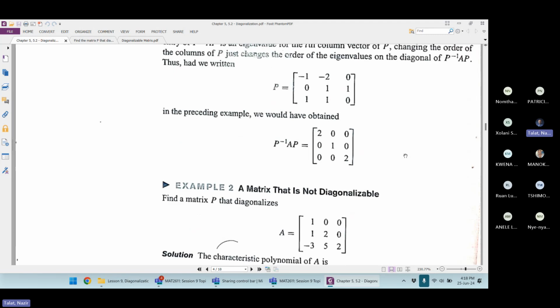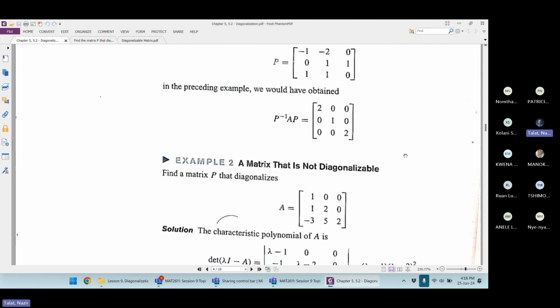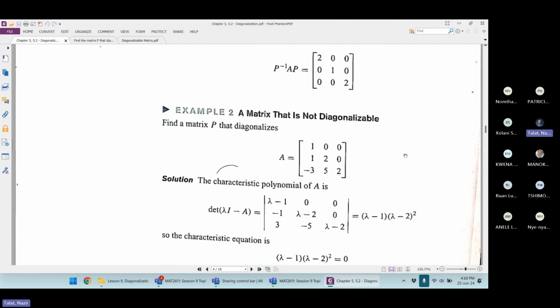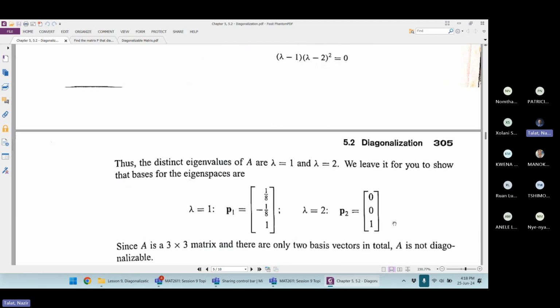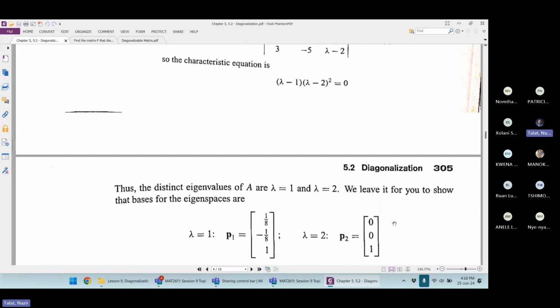There are some examples of matrices which are not diagonalizable. For instance, if you have a matrix, you need to find its eigenvalues and eigenvectors. When you find them, for lambda equal to 2, you can get only one eigenvector, and for the other eigenvalue you can also get only one eigenvector.